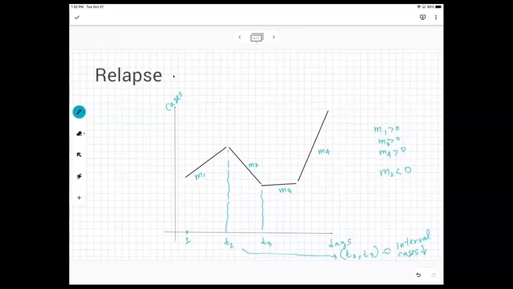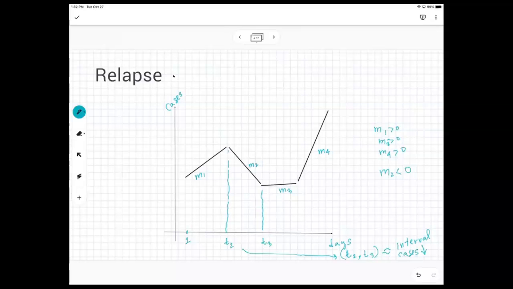And that's exactly the kind of thing we'd like to see right now with the COVID-19 pandemic. We'd like to see either scenarios similar to M3, or hopefully something like M2 with negative slope, because negative slope means that the number of cases is going down. M3 is not bad.